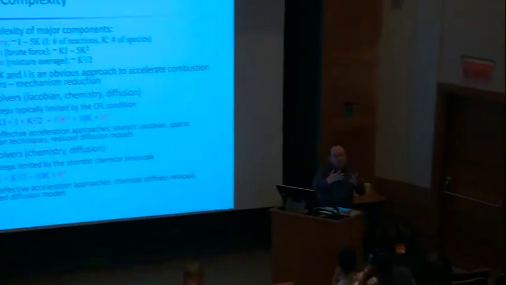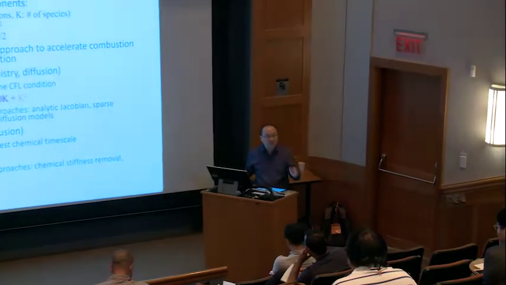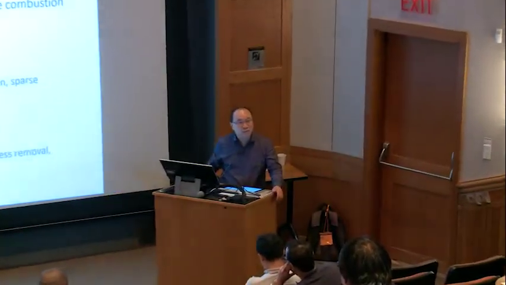So the diffusivity, particularly the binary diffusivity matrix, is a square matrix. Each entry is kind of complicated, but people can use exponential functions to tabulate the temperature-dependent part. So therefore for diffusion, the cost will be a quadratic function of the number of species.